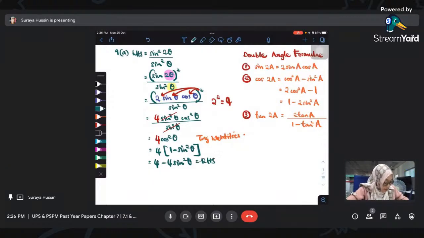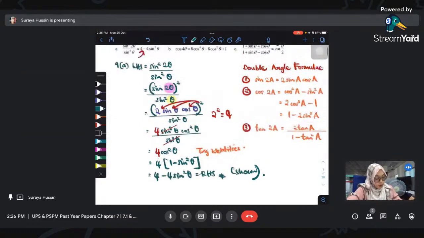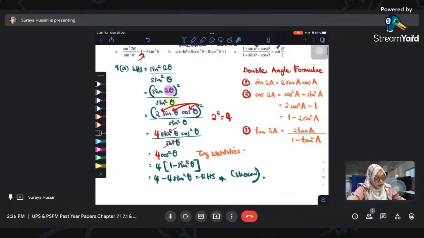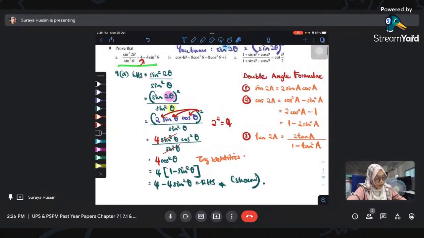This is your right hand side. And please put the word shown. Okay, that is how easy you do it. So proving yang dekat sini tak susah pun. Okay, so you just play along with the double angle formula. So now let's go to question B.